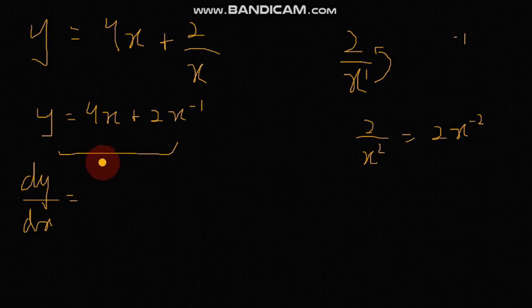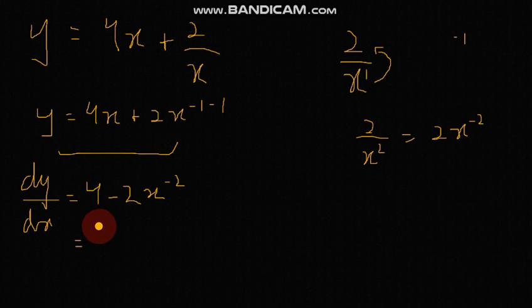So we know that the differentiate of 4x is equal to 4, and this minus 1 will multiply with plus 2, so it will become minus 2x. Now we know that the power over here is minus 1, and we have to subtract 1 from it. So minus 1 and minus 1, minus minus is plus, and 1 plus 1 is 2, so it will become minus 2, right?